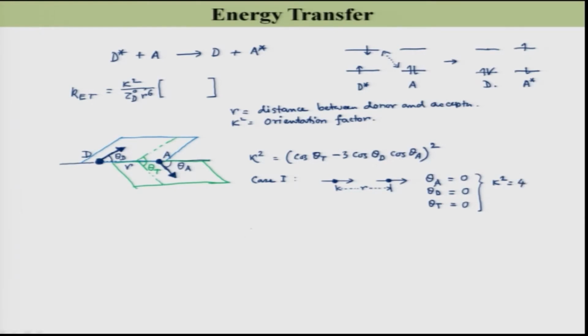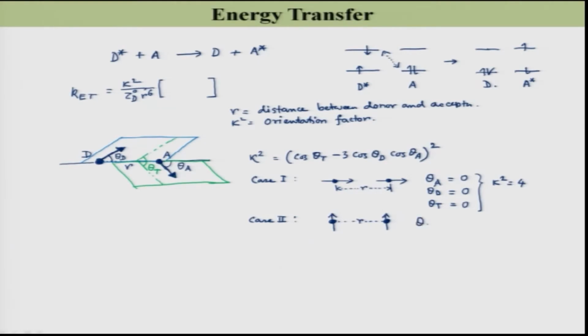I will take another case, case 2. This is my donor and this is my acceptor, at the same distance r. For this case 2, I will also have different values of theta a, theta d, theta t.